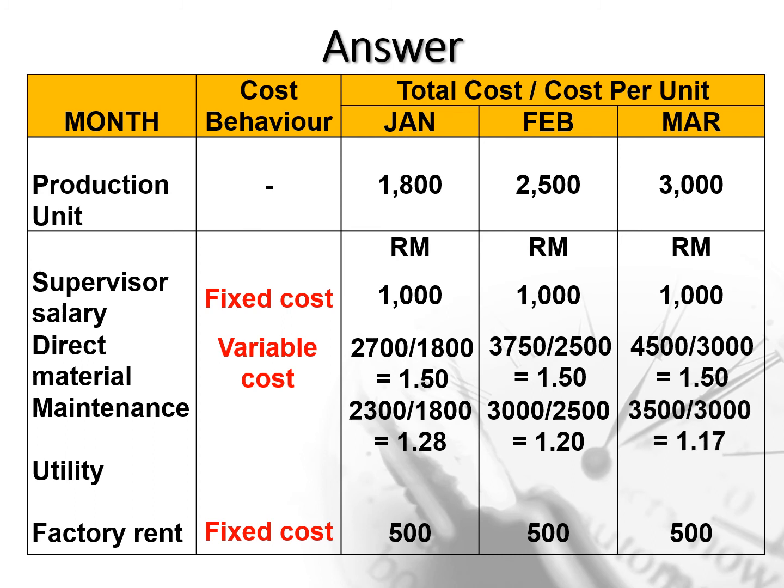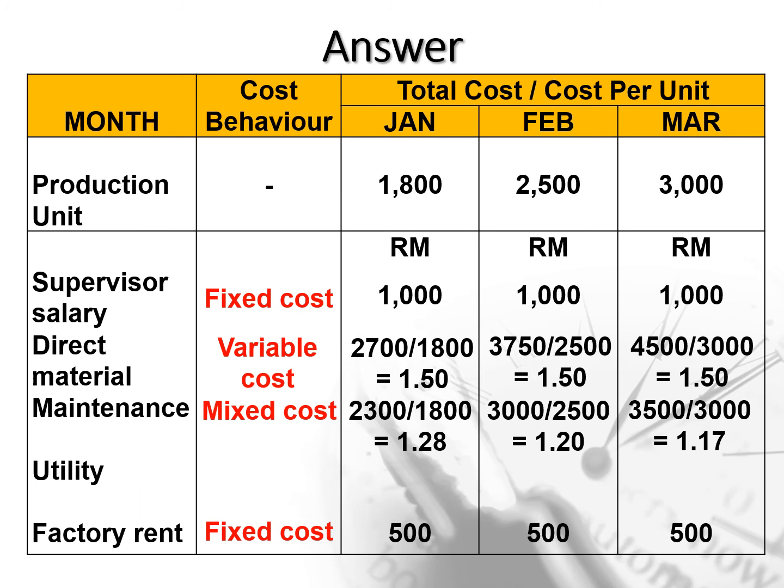And in March, RM3,500 divided by 3,000 units equals RM1.17. You can see that the cost per unit is not the same in January, February, and March. So, maintenance is mixed cost.